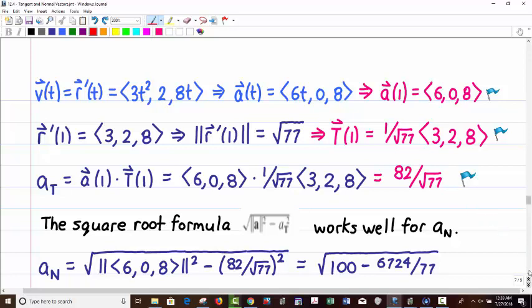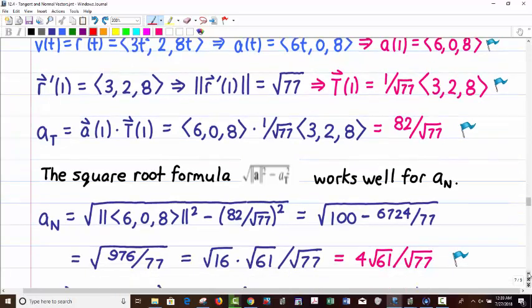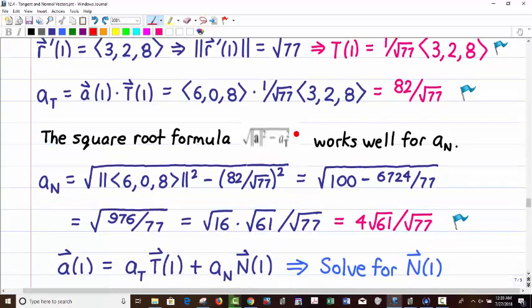Then I showed the square root formula also. Oh, I'm sorry, but we're doing a sub N, excuse me. It's not a different formula. So yes, I'm using the square root formula, which is the one I said earlier that I kind of like. We're taking the magnitude squared of the acceleration vector.